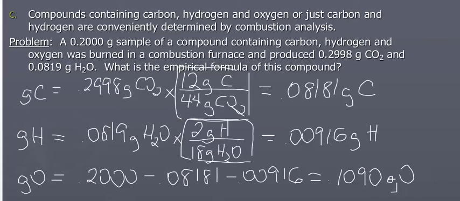Okay, now I've got grams of each element. And since I have grams of each element, I'm going to go to the next slide, but I can get the empirical formula by starting there with those numbers, converting to moles like I did in the previous problem.